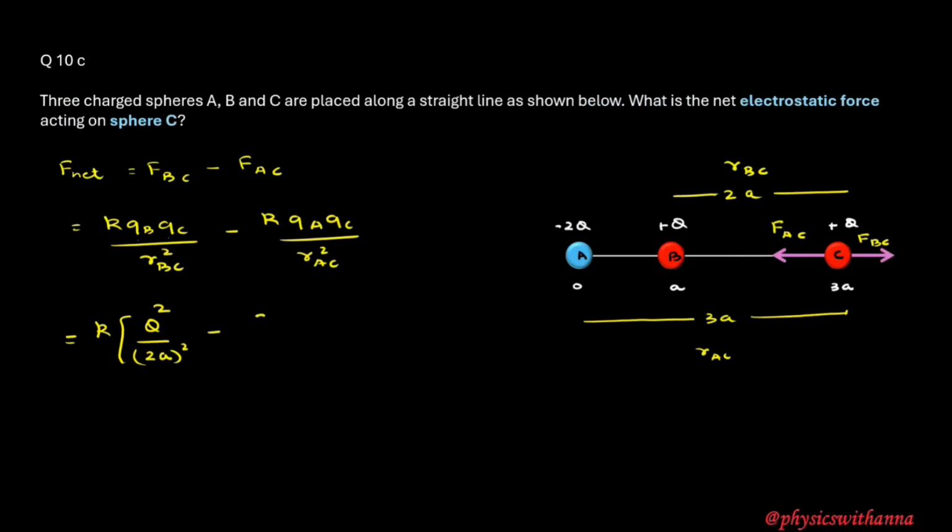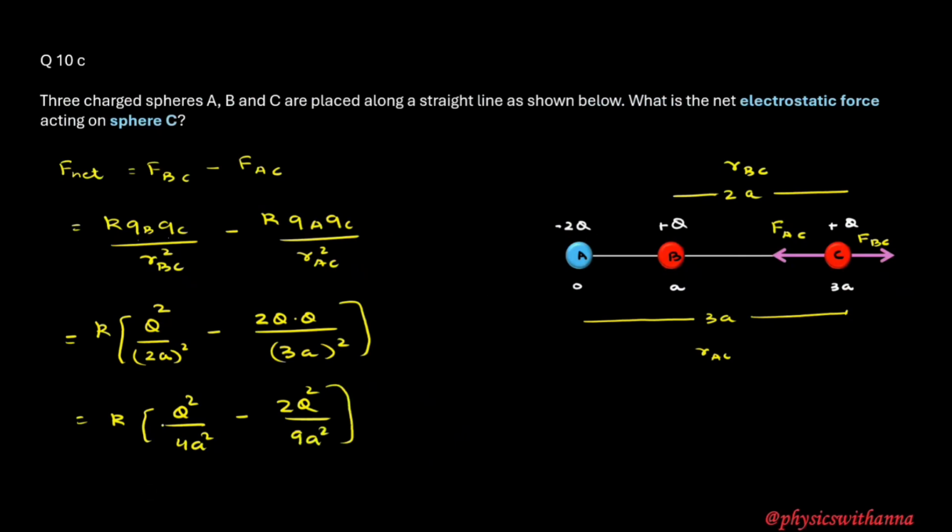So we write this as 2Q into Q over 3A squared. So that gives you kQ squared over 4A squared minus 2Q squared over 9A squared. So let's take Q squared over A squared common out.